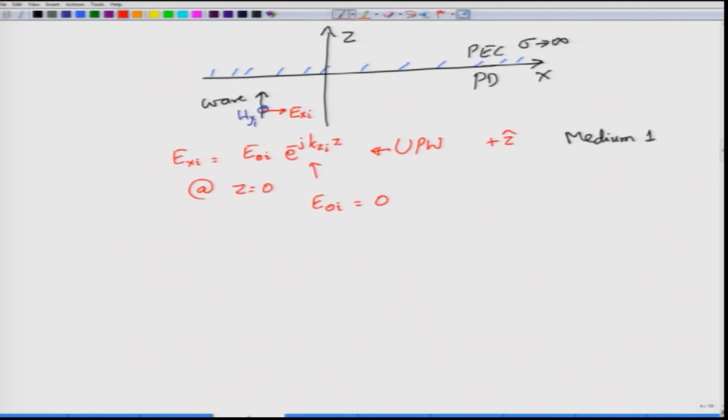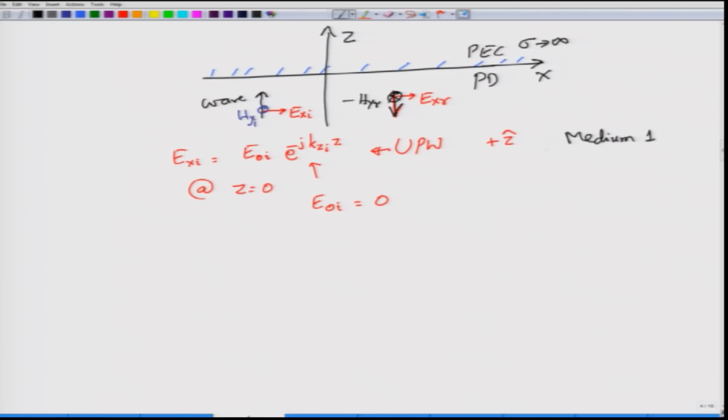So, the only way we can reconcile a non-zero wave propagating and hitting the perfect electric conductor is that there is a reflected wave. So, there is a wave which is reflected back, and the reflected wave propagates in the direction opposite to the incident wave. I am going to assume that the reflected electric field will be in the same direction, whereas the magnetic field will be in the opposite direction.